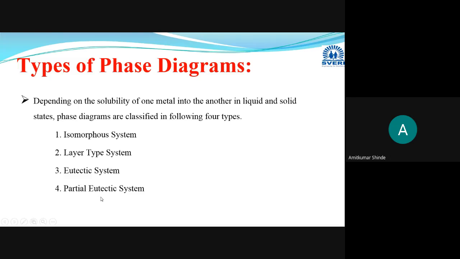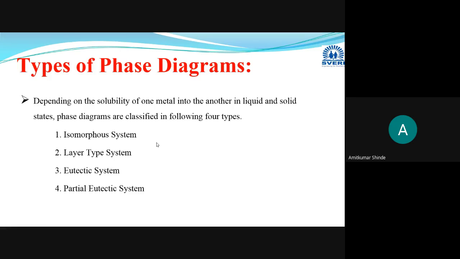In the last lecture, we discussed how to plot the equilibrium diagram with the help of different types of cooling curves.